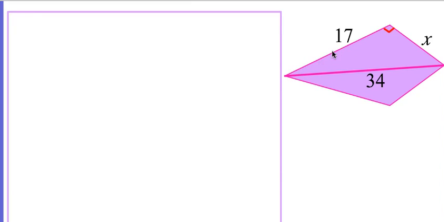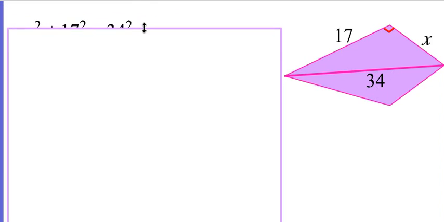This other side of the quadrilateral measures 17 units, and then this diagonal measures 34 units. So what does the Pythagorean theorem tell us to do? It tells us to square the legs, add them up, and set them equal to the square of the hypotenuse.